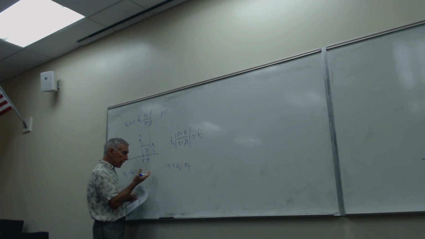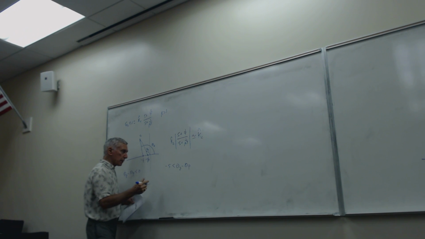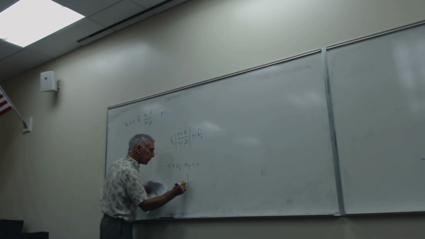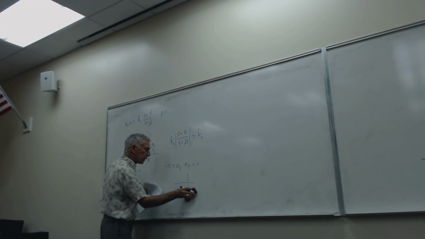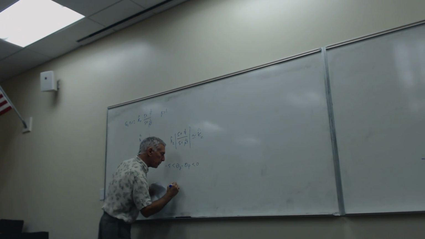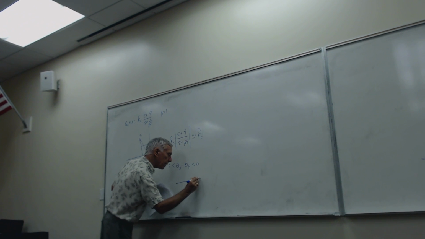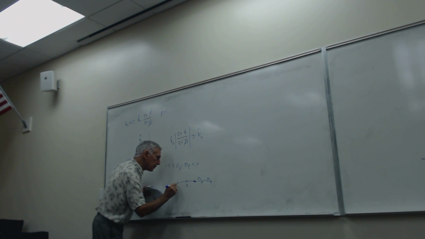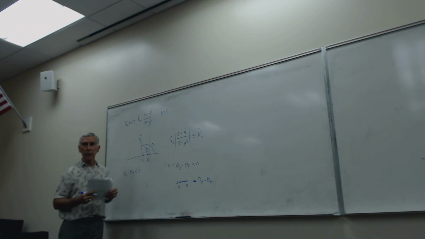It is negative, so it should be greater than -5 and less than 0. In other words, the difference theta z minus theta p should be in that range, between -5 and 0.